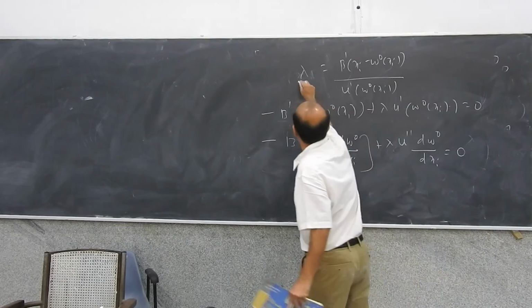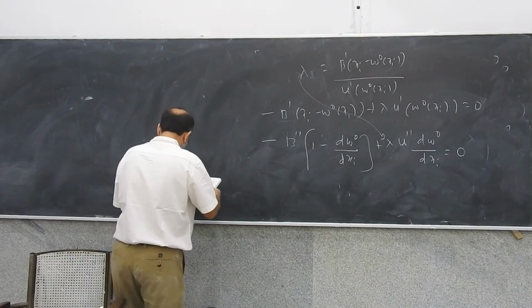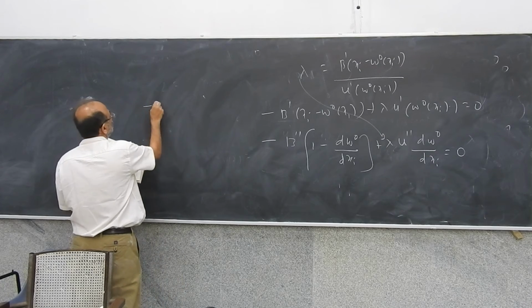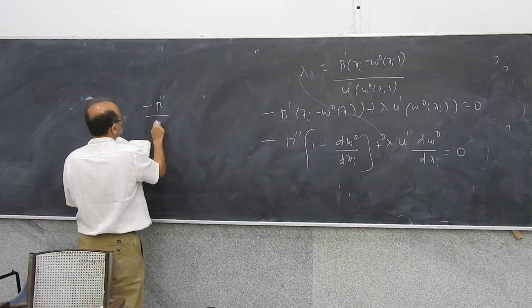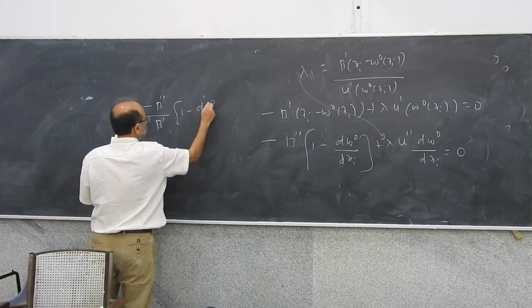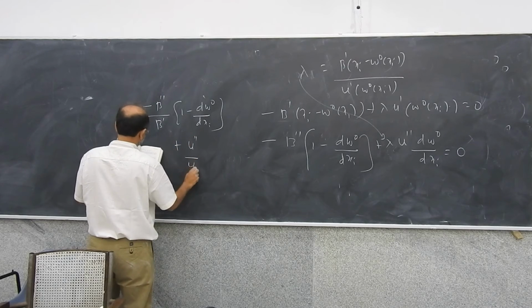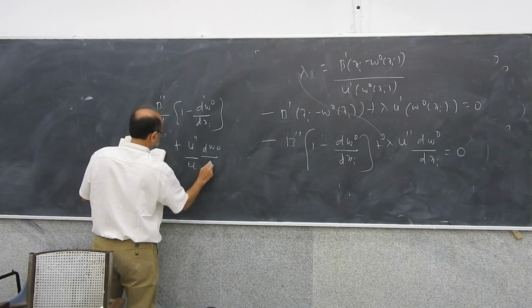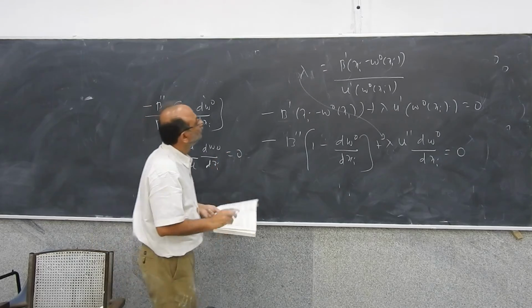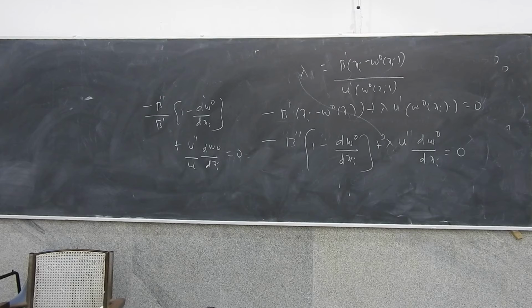So I can now put this lambda here and see what I get. I can just substitute that value of lambda, so that will be b dash by b, u dash by u, and I can write it like that.